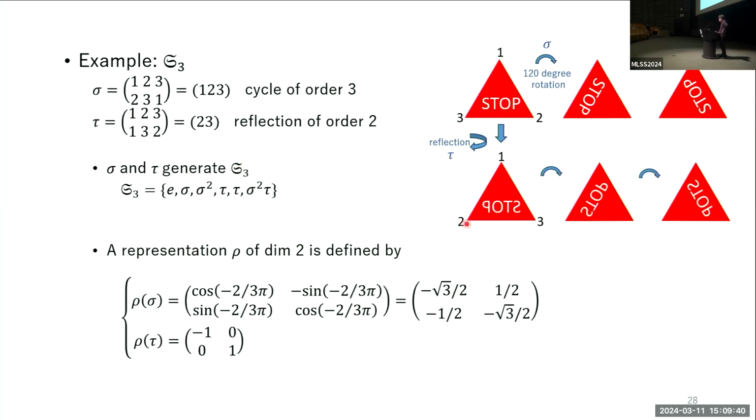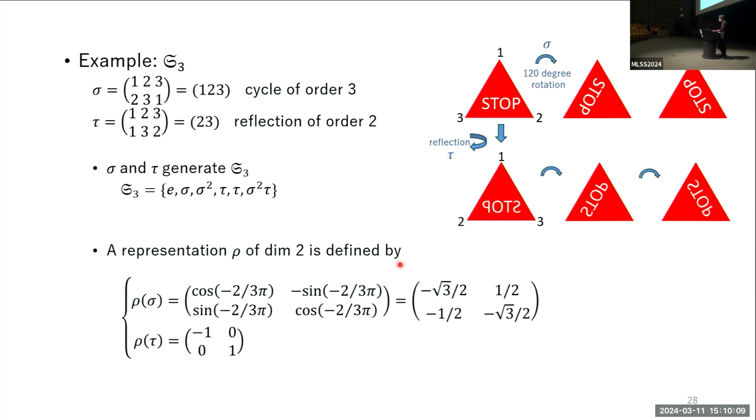Geometrically, they can be written in this way. We have 6 elements, and want to make a map from these 6 elements to matrices. But actually, this graphical or geometrical expression of this group S3 is already defining our group representation in this case.